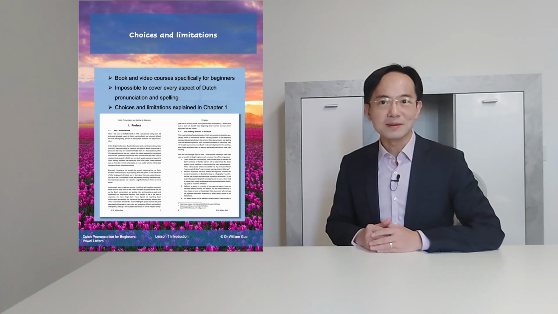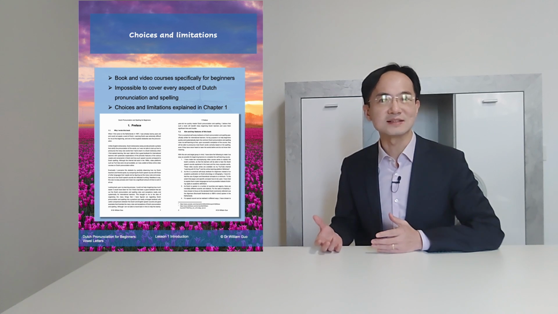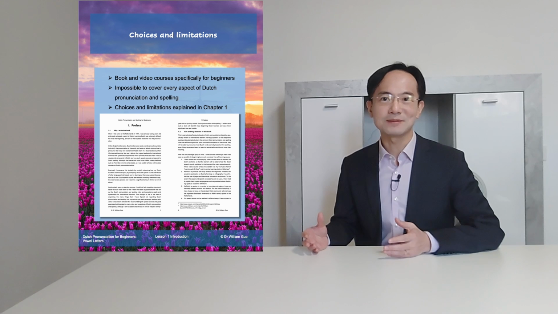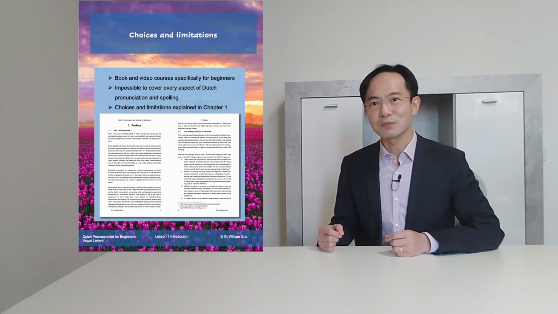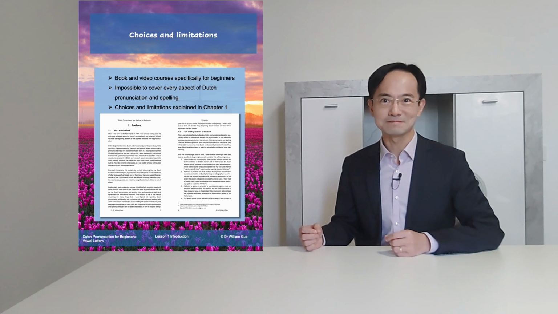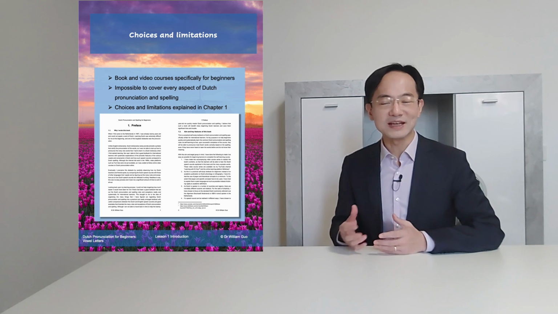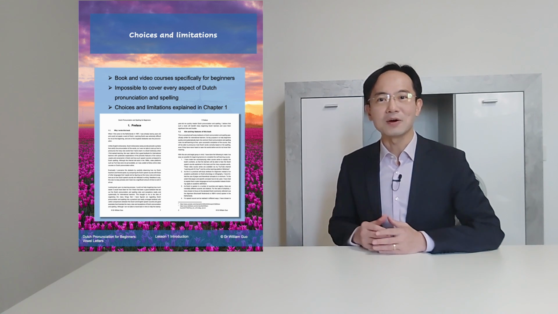In chapter 1 of my book, I've carefully explained the various choices I've made and some of the limitations of the book. It would take too much time to explain all these choices and limitations here, so I would recommend reading this chapter.